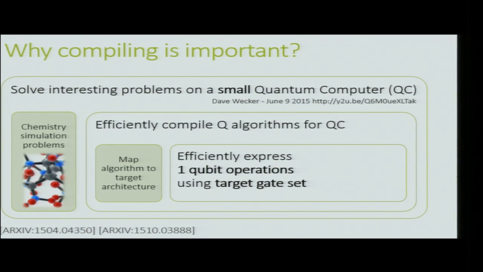It turns out that with quantum computers, even one bit, which is called one qubit, becomes much richer and more interesting. So we basically want to understand how to take an arbitrary one-qubit operation and express it using the one-qubit operations that our quantum computer supports, and we want to do it as efficiently as possible.